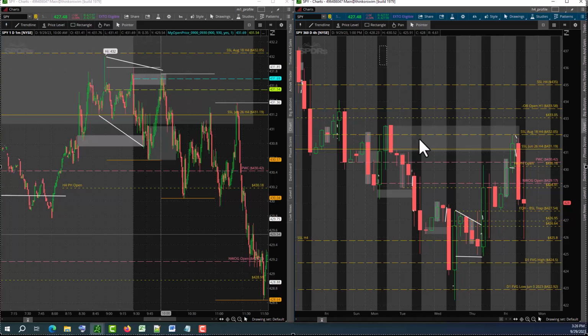So entry on M1. Right. The rejection block / order block retest right there, right?